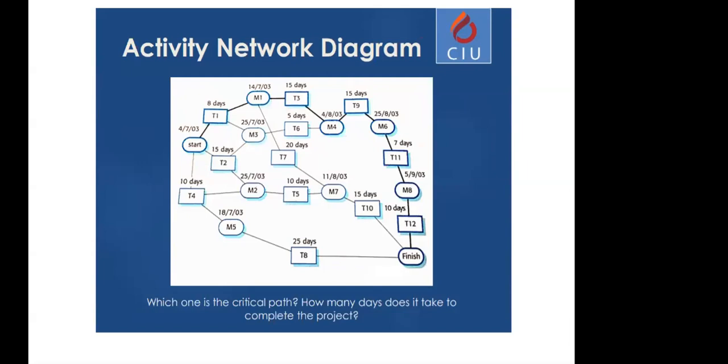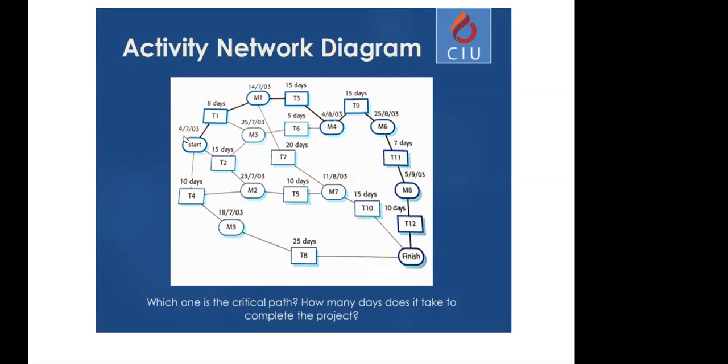It's a rectangle. The rectangle is a task. The ellipse is for milestones, and start and finish. So there are two different shapes. The rectangle shows the task. The ellipse shows the milestone. But technically, start and finish are also milestones, so they have the same shape.